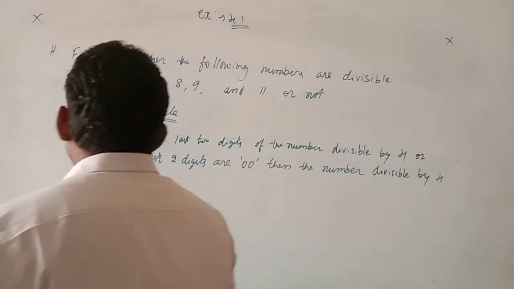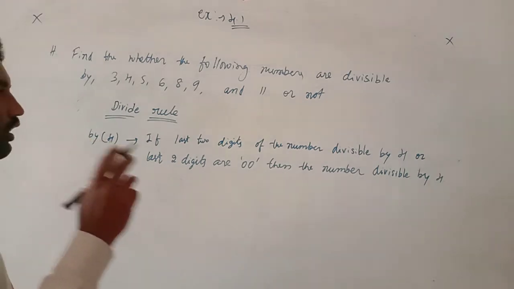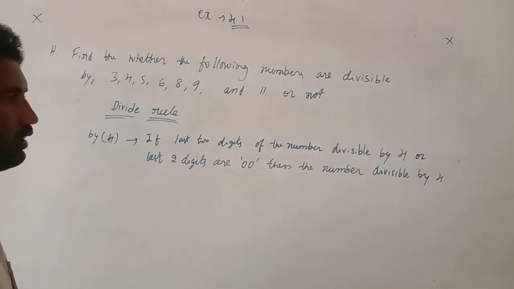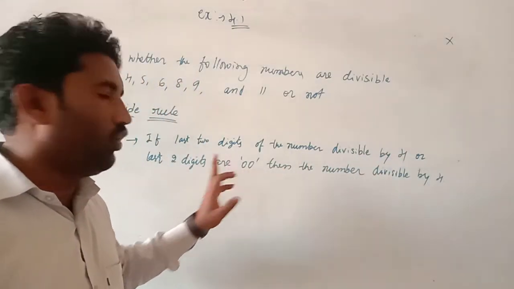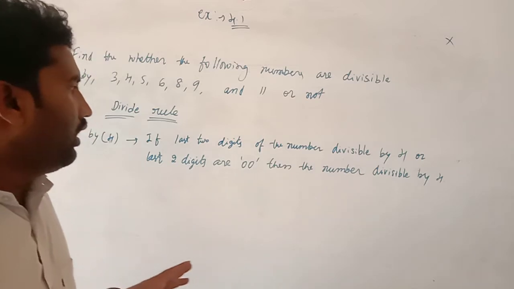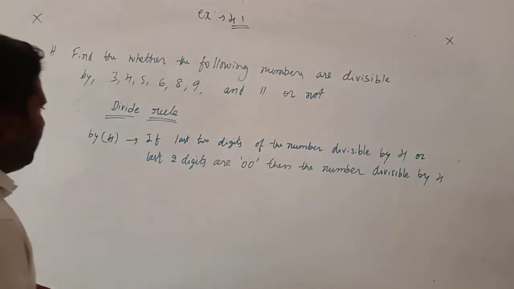So for 4 we have to see only the last two digits. If the last two digits are divisible by 4 or are 0 0, then the complete number is divisible by 4.